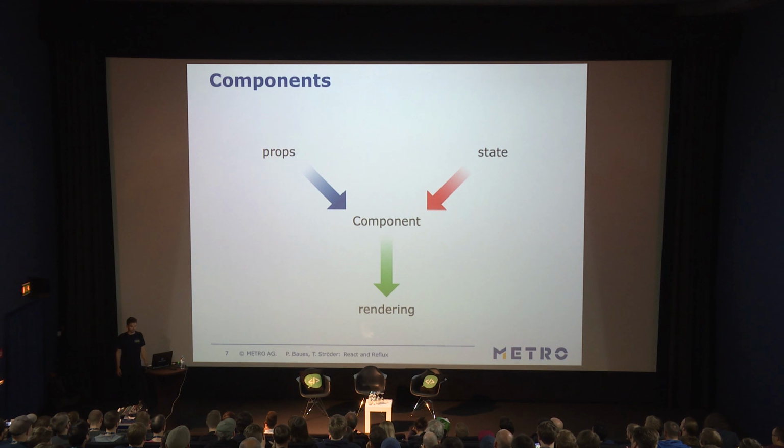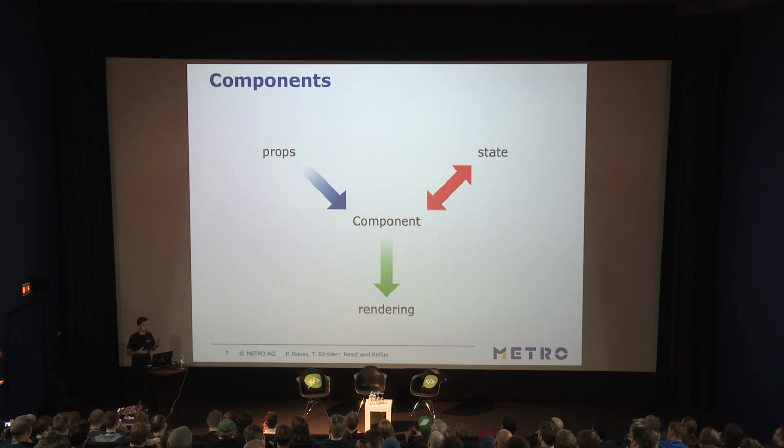So the next thing is the state. So the initial idea is in React, you can alter the state directly inside of a component, which means you don't have this single purpose component anymore and not a real separation of concerns, because inside of the component you can access the state, which is fine, and then also alter the state, which is maybe not so good, because then you can't just directly test it and have this decoupling anymore.